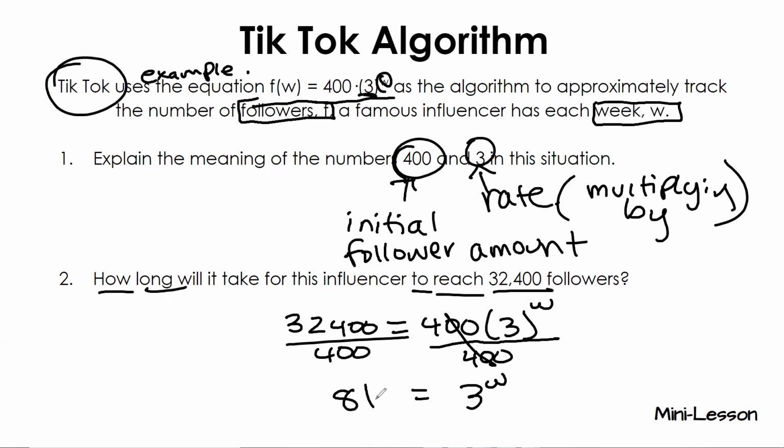Okay, now we're going to ask ourselves, 3 to what power would give us 81? If I type in my calculator 3 to the second power, that would give us 9. 3 to the third would give us 27. Try 3 to the fourth. Okay, so W equals 4.